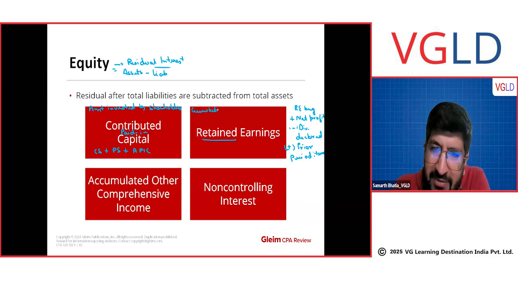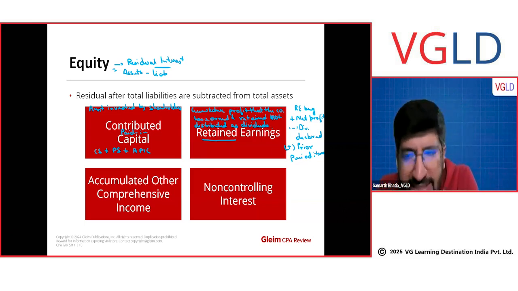So it is cumulative profits that the company has earned and retained, and not distributed as dividends.